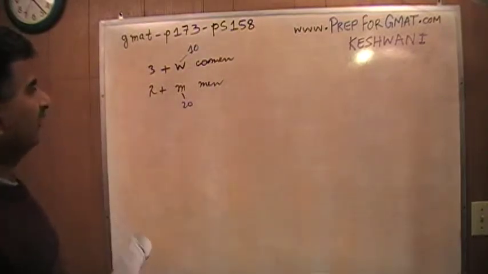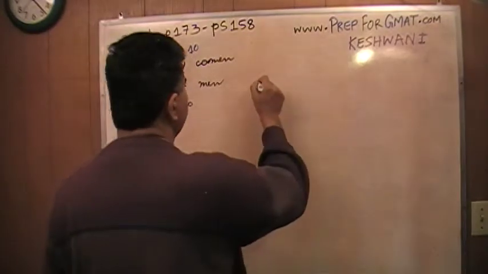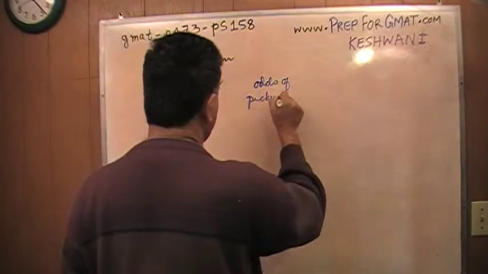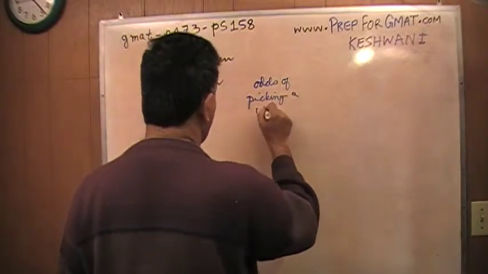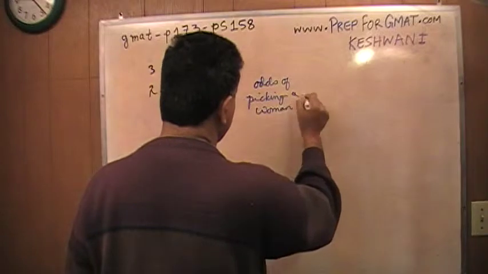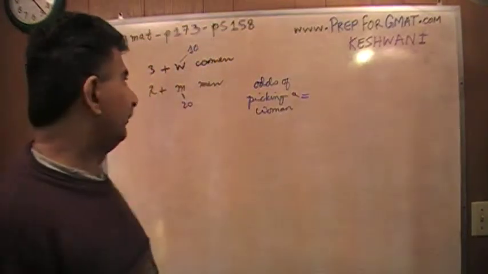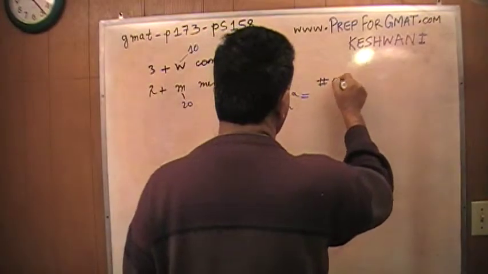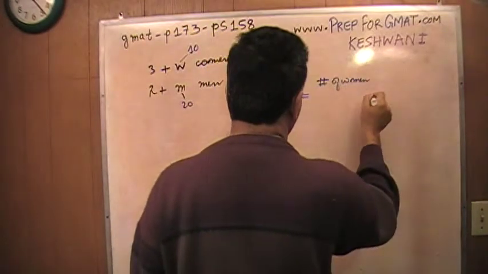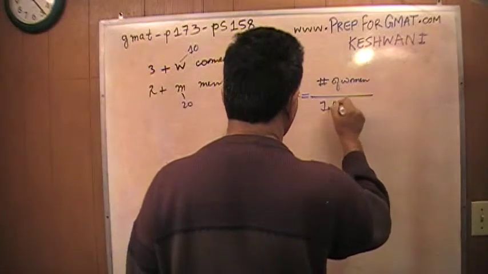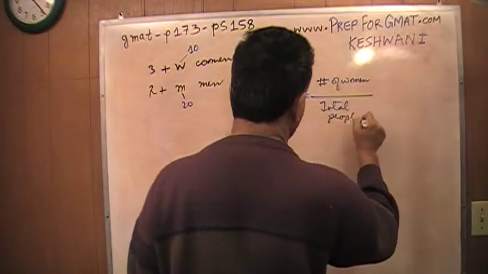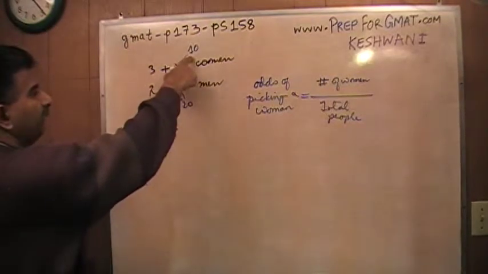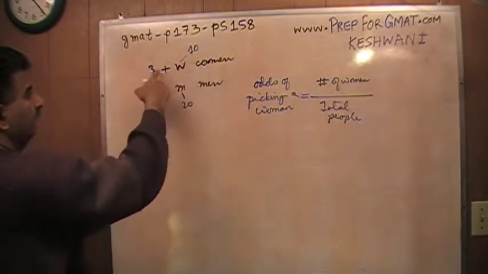So how do I find the odds of picking a woman at random? The odds of picking a woman from our enlarged committee is simply the number of women over total people. How many women do we have? Well, we used to have 10. I'm plugging in 10 for W. We used to have 10. We have 3 more now.